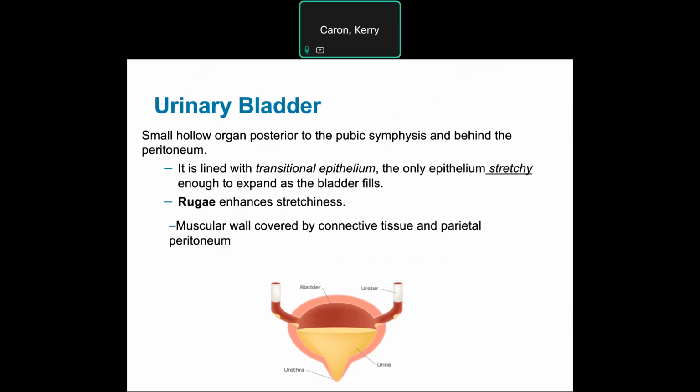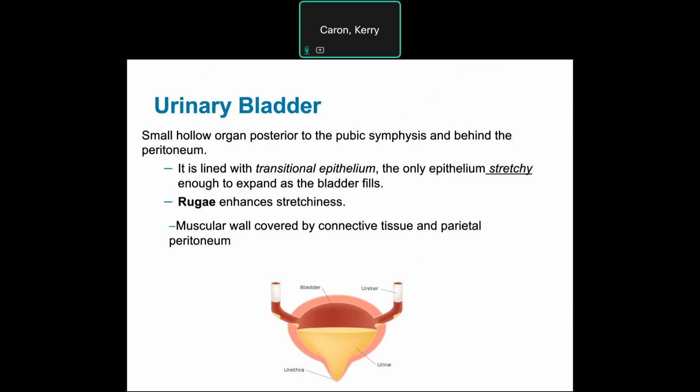The urinary bladder is a small hollow organ posterior to the pubic symphysis bone, and it's retroperitoneal, behind the peritoneum. It has transitional epithelium, and it's only stretchy enough to expand as the bladder fills.